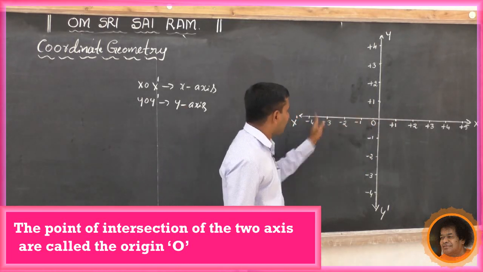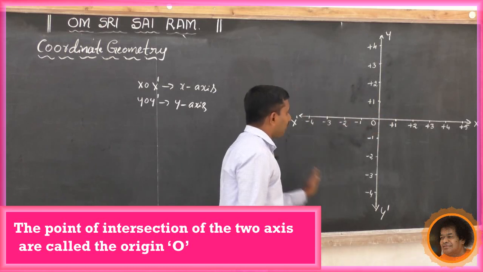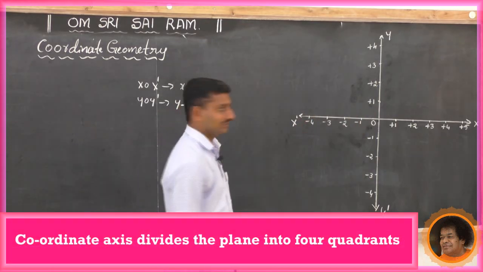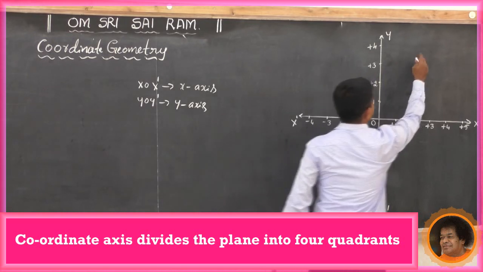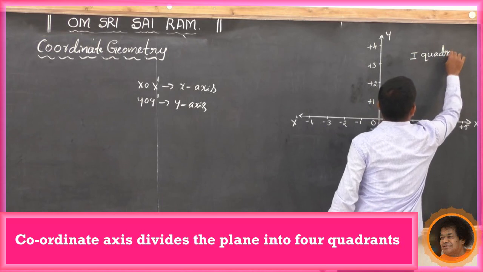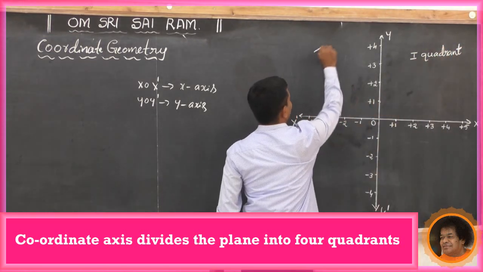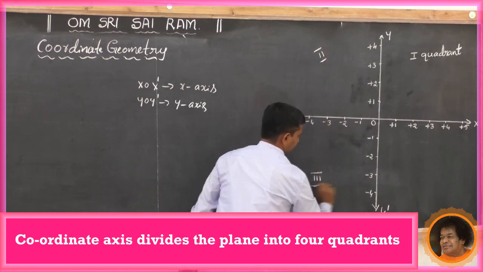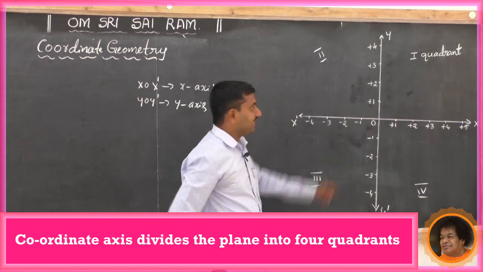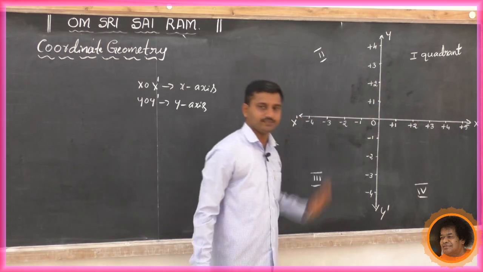The coordinate axes X O X dash and Y O Y dash divide the plane into four parts, or four quadrants. This is the first quadrant, this one is the second quadrant, third quadrant, and fourth quadrant. So the coordinate axes divide the plane into four quadrants.